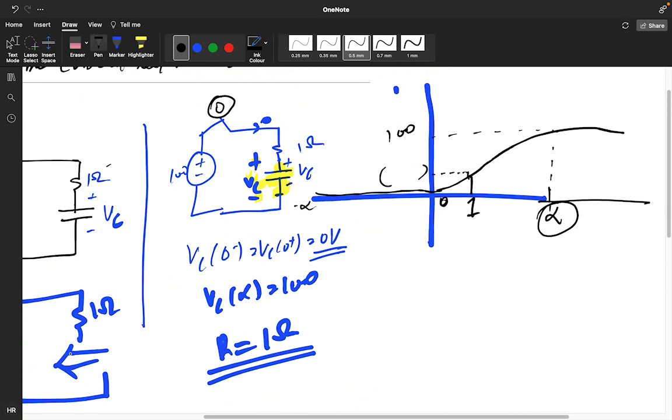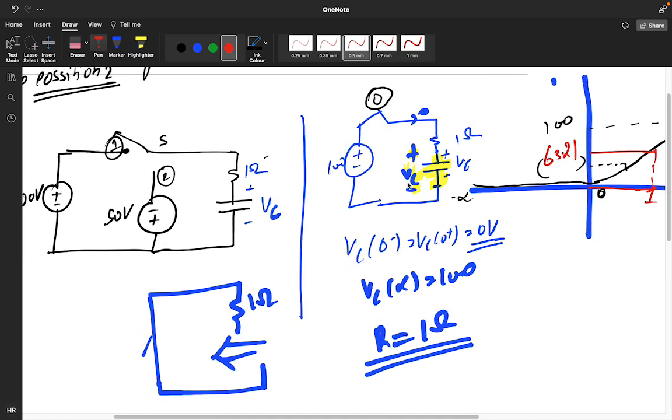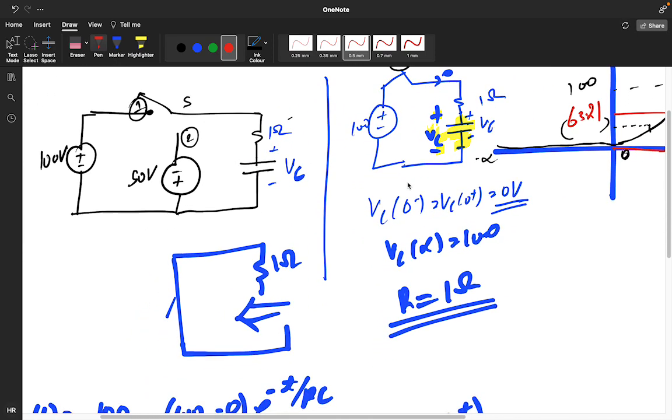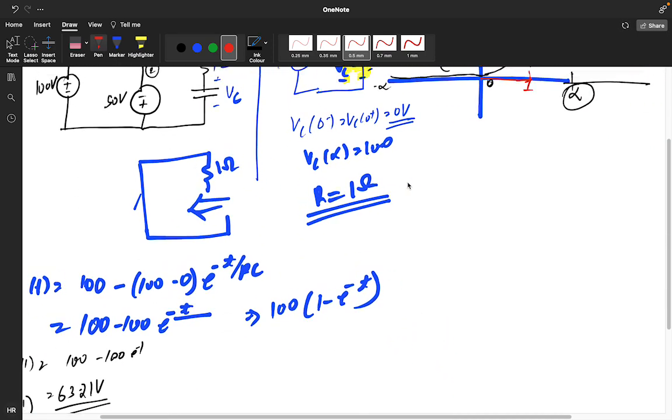So Vc of 1 means at this particular point, I am assuming somewhere a little bit far, at 1 second, 63.21. Okay, now we'll move to the second circuit.